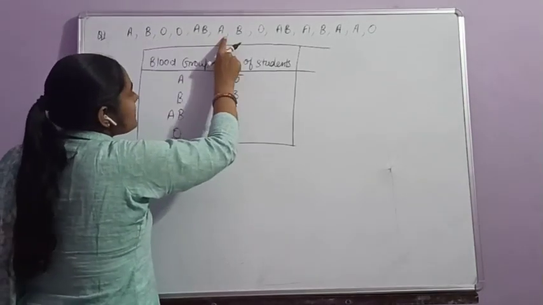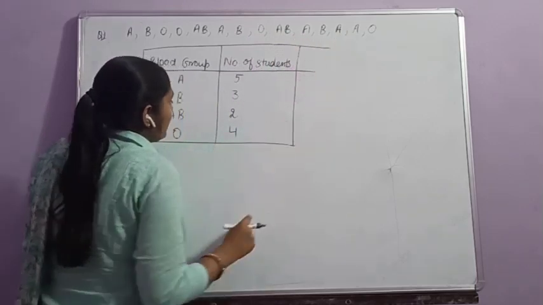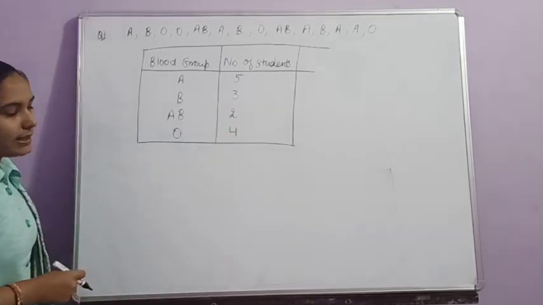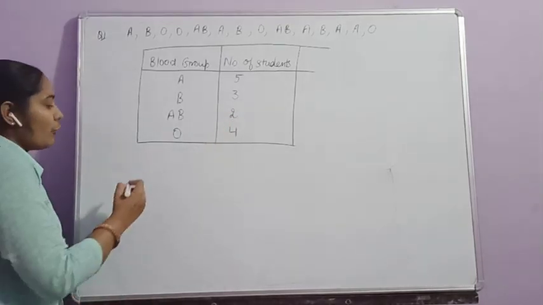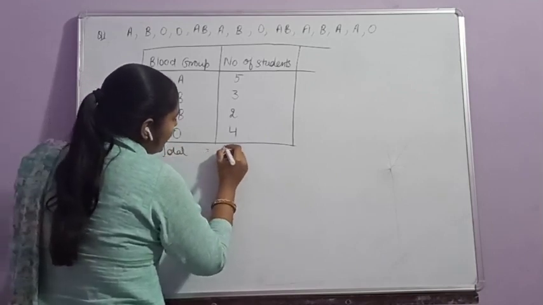Here we can see that 5 plus 3, 8 plus 2, 10 plus 4, 14. That is, the total number of students is 14. Clear?